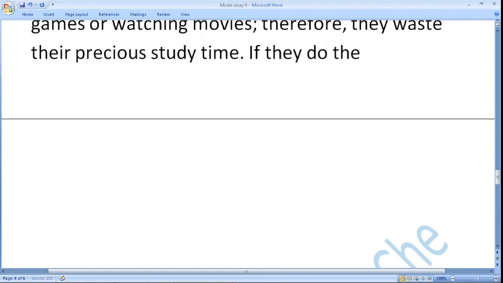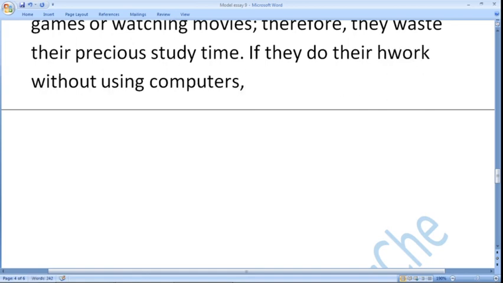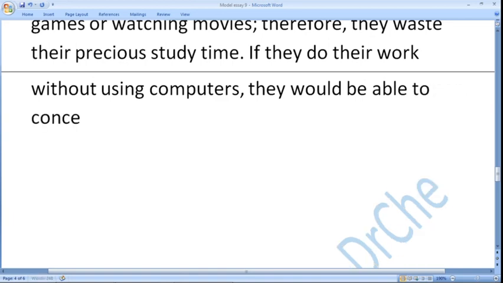If they do their homework without using computers, if they do a different thing, if they do their work without using computers, they would be able to concentrate better on their studies.